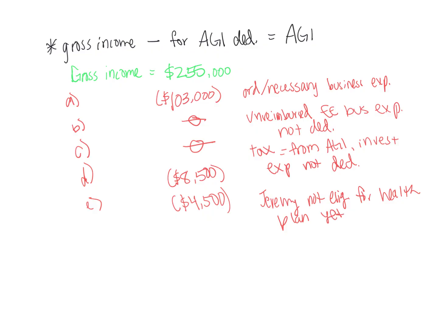Okay. Then letter F. F says Jeremy paid $2,500 in self-employment taxes. And then it also tells us that $1,250 represents the employer portion of the self-employment taxes. So here, the amount that can be deducted for AGI is $1,250.